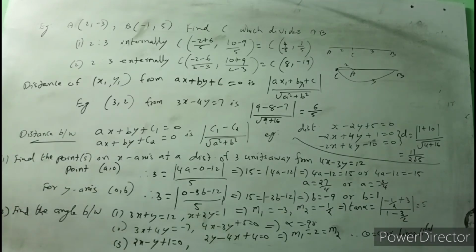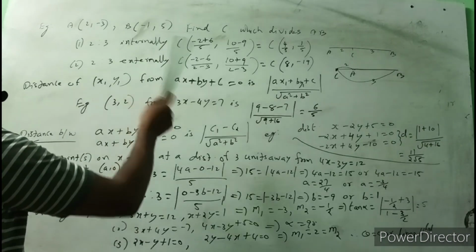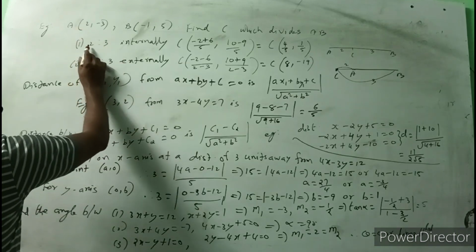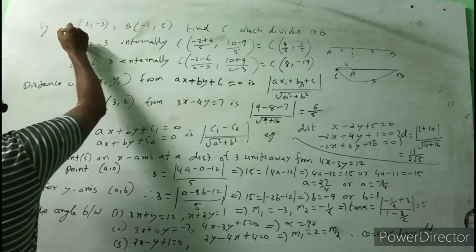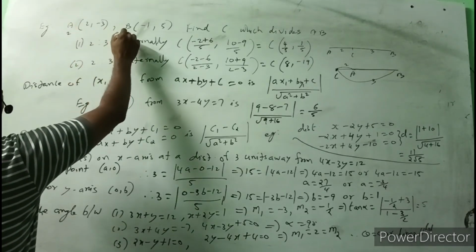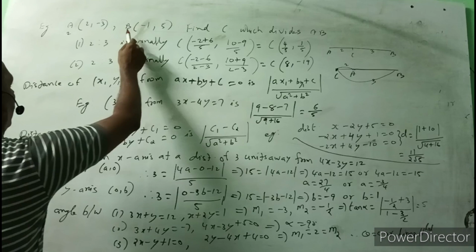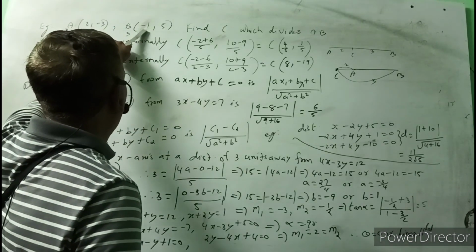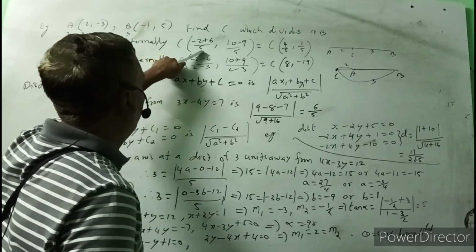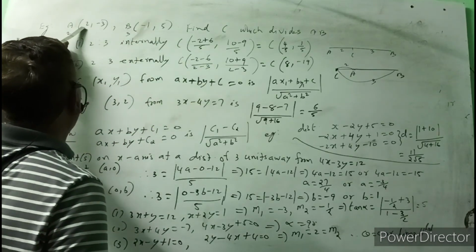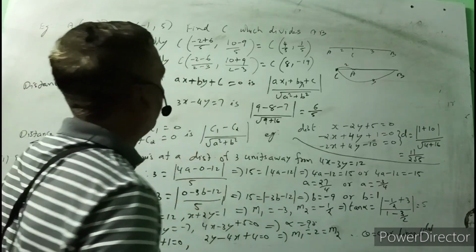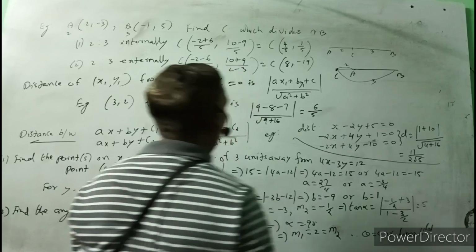So I use the internal division format, (mx2 plus nx1) upon (m plus n) and similarly for y. Usually we take the first ratio with the first point and the second with the second, and reverse order multiply and add. 2 into minus 1, that is minus 2, plus 6, upon 3 plus 2. Similarly 3 into minus 3, 2 into 5, 10 minus 9, upon 5. That is C is (4 by 5, 1 by 5).